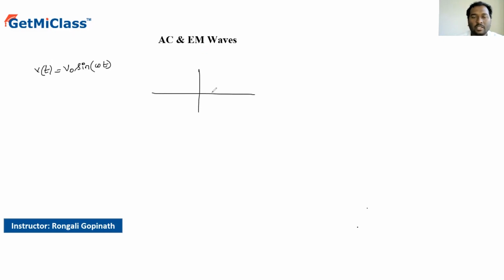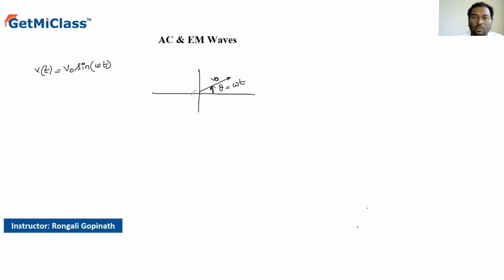This can be represented with a rotating arrow, where the length of the arrow represents the amplitude V naught, and the angle with respect to the x-axis, theta, is nothing but omega t, because for this phasor omega is the angular speed at which it is rotating.